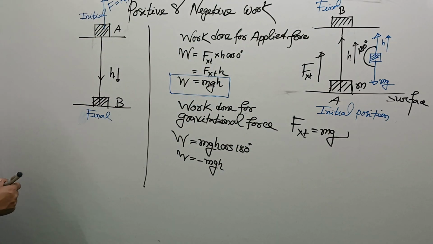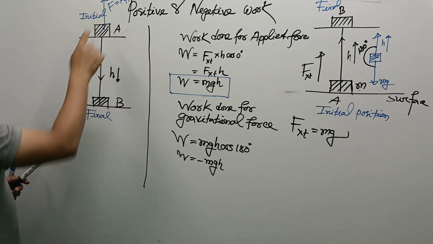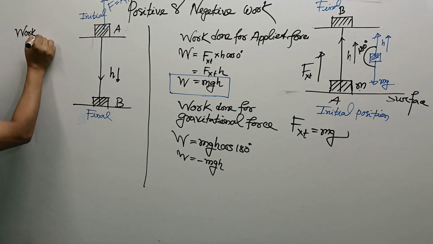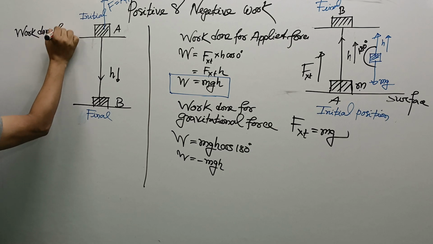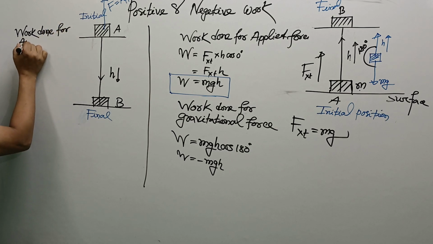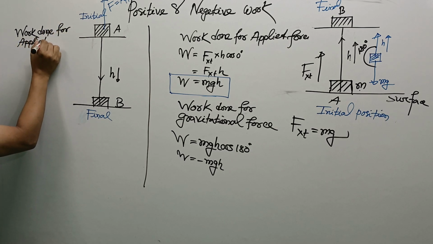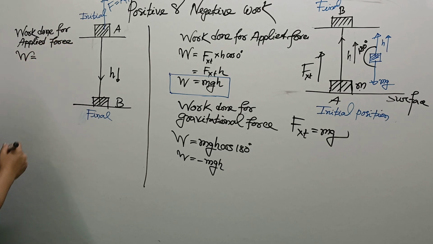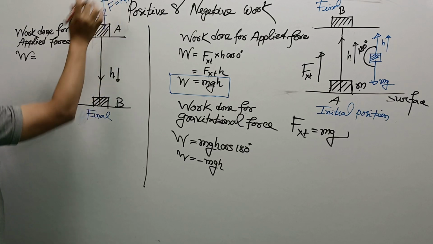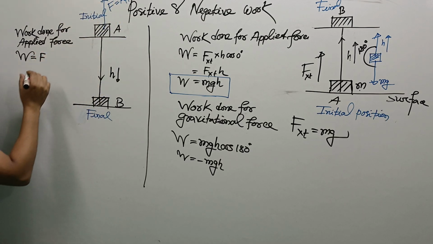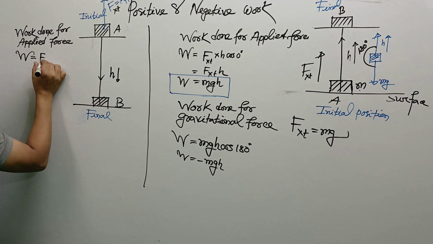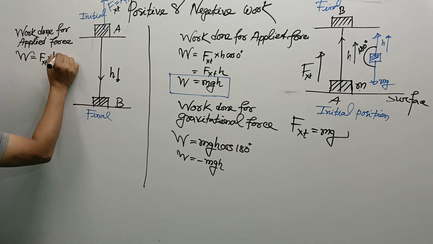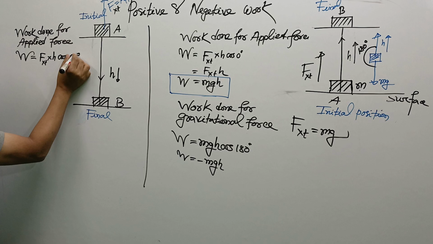Now our duty is to find out the work done for the applied force in this situation. As the direction of the applied force is upward, this is the external force F ext, and the direction of the displacement is downward, so we put cos 180.